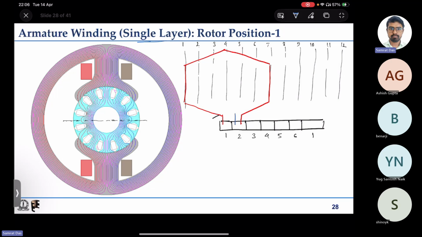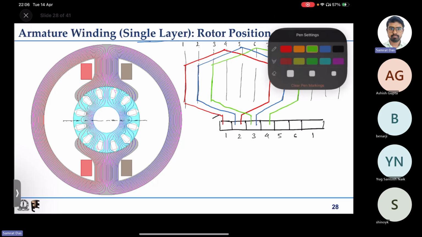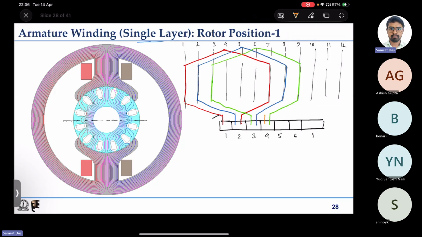Second one, it will start from 2, go to coil 2, go like this, come back from 8. Next one, green one, start from slot 3, go to coil 3, come back from slot 9, and again get shorted to commutator 4.